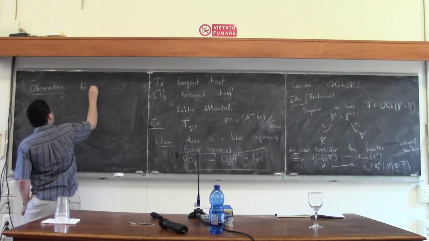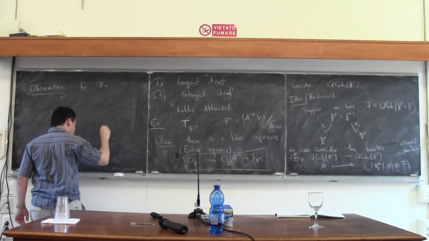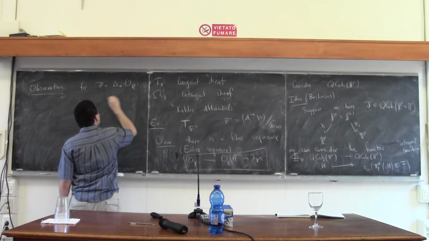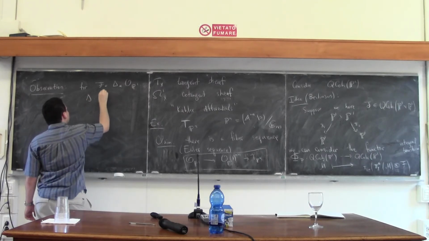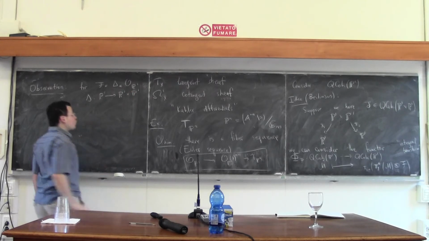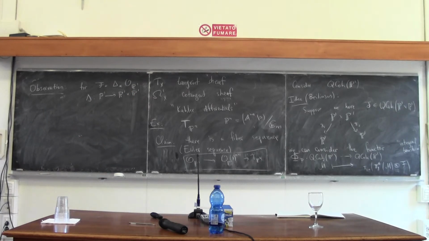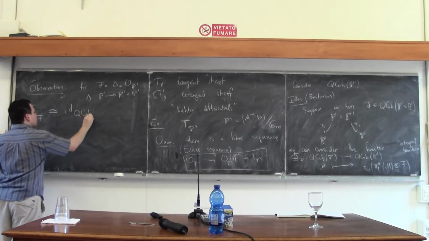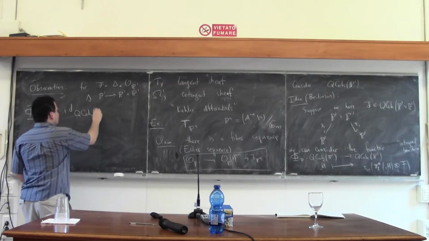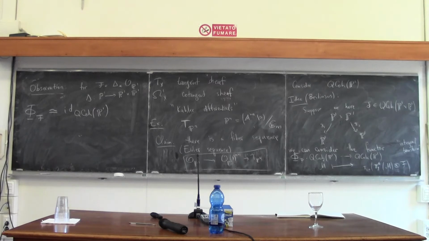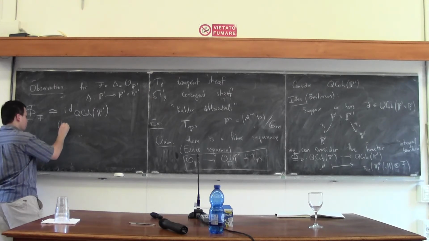If we take the diagonal, just the structure sheaf of the diagonal, then this corresponding functor is just the identity. So I'll leave that as an exercise to check.